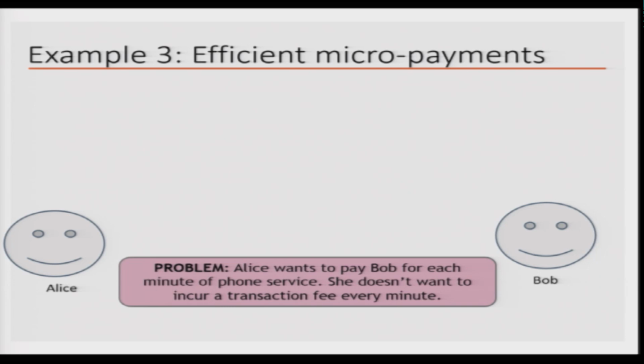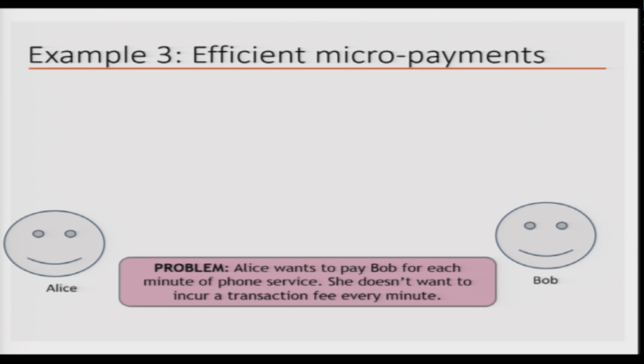The third thing that we want to talk about is efficient micropayments. So, what is a micropayment? Say Bob is a mobile service provider, and it charges Alice by the minute. When Alice is making a call, one possibility is that Alice's client, as the minutes tick, pays Bob for 1 minute, then makes another payment for the second minute and another for the third minute.